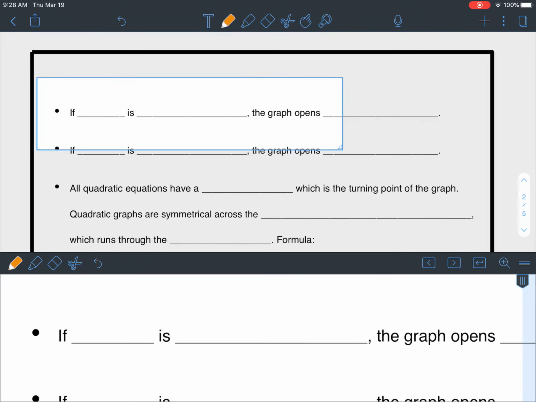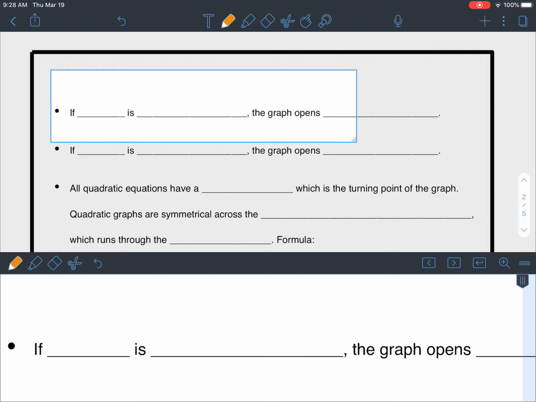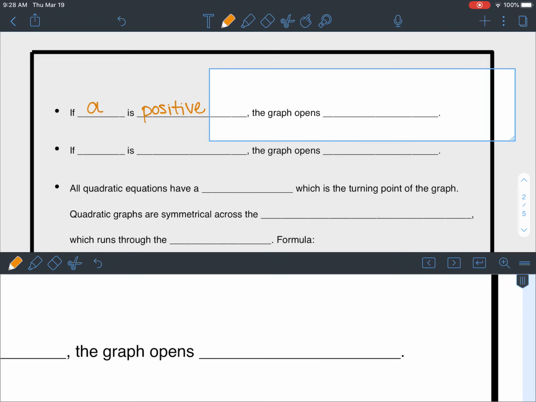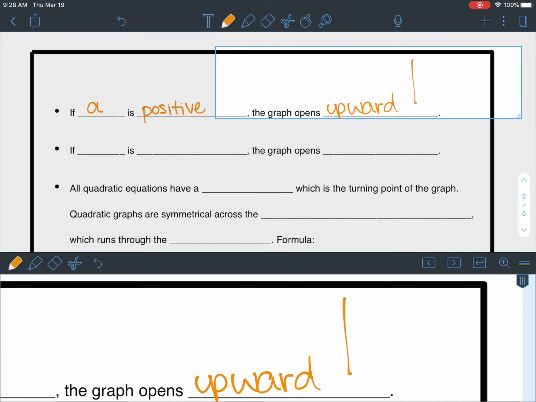So here's where I'm going to start to get into a little bit more of the language. So if my a value is positive, then my graph is going to open upward.